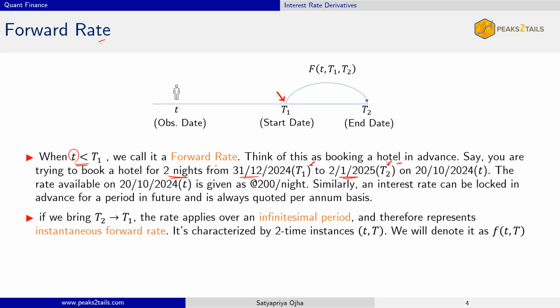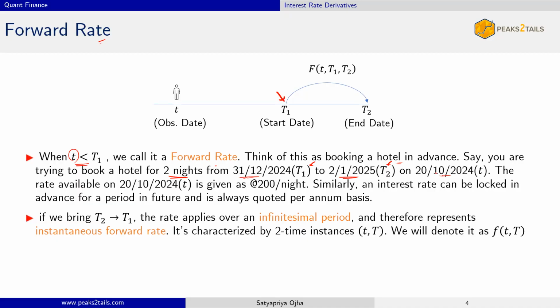So you're trying to book a hotel for 2 nights. That period is in the future, because today is October 20 or something, and you're trying to book that hotel today. That is small t. The period is in the future.